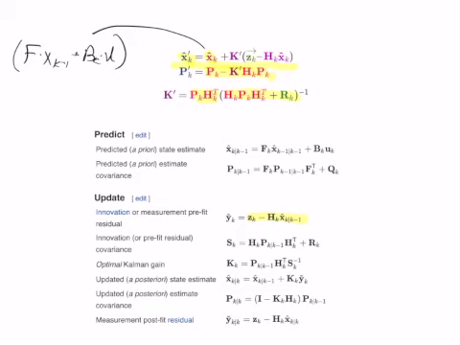And there is one more thing. Wikipedia also defines this part as Sk. So the new K, the new Kalman gain, is basically Pk Hk transpose times S to the minus 1. So basically we are dealing with the same set of equations.